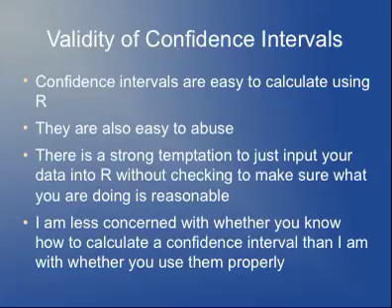A lot of times you'll see, even in published papers, people will just stick their data into R, their favorite statistical program. It'll spit numbers back out. They'll punch those numbers into a table and run and publish their paper. That doesn't mean that the analysis was valid or that the numbers they stuck in their table are going to be accurate.